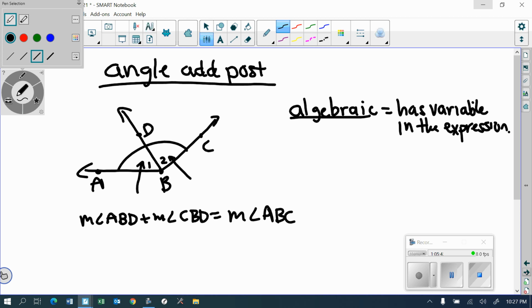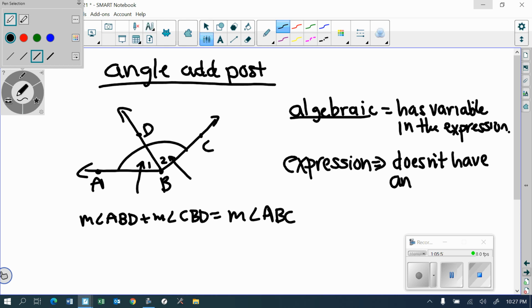And an expression, the simplest way to think of it, means it doesn't have an equal sign. The one that has the equal sign is called an equation.